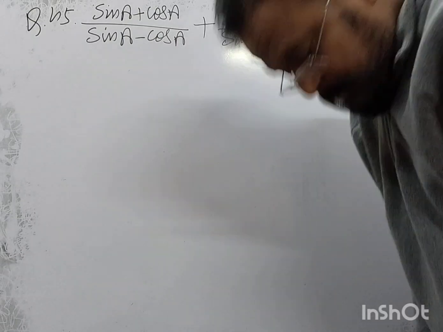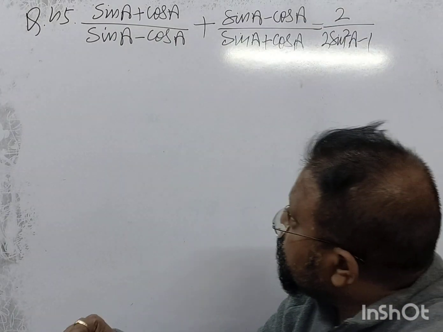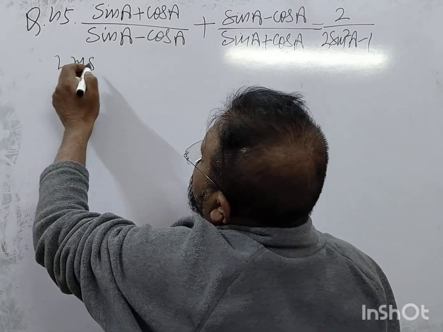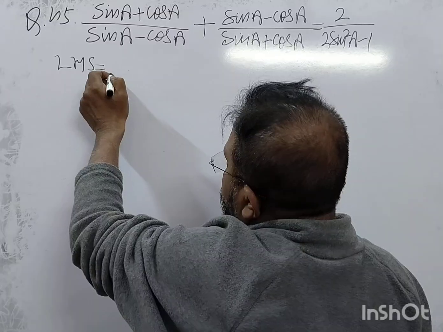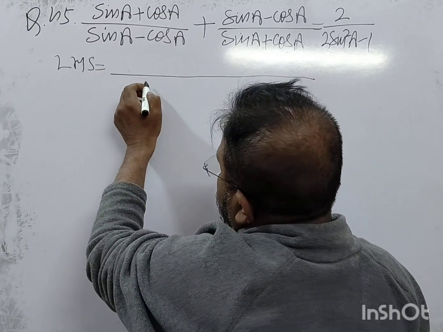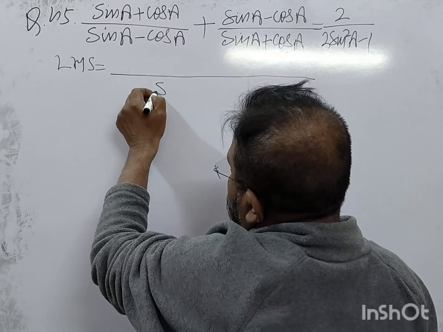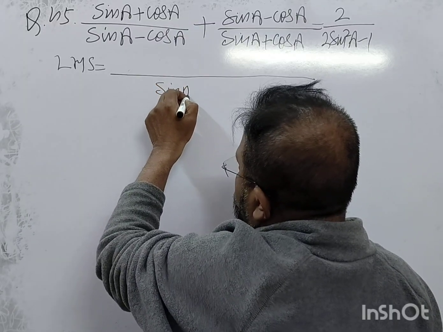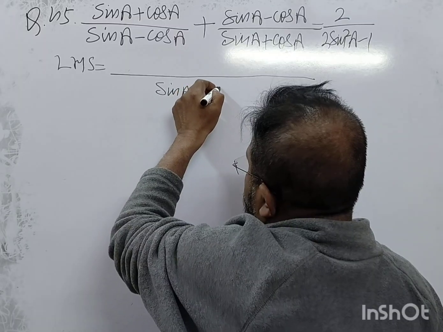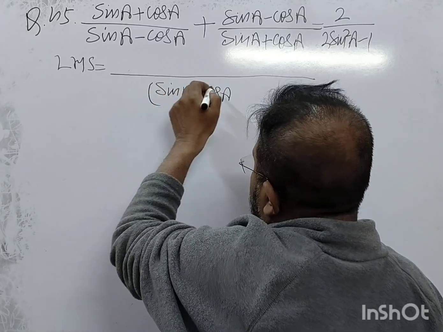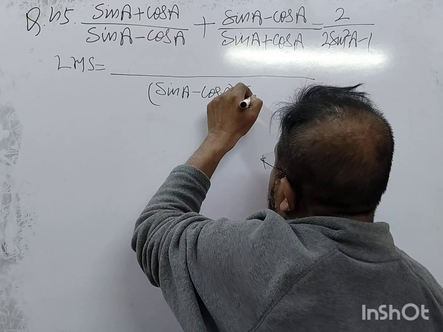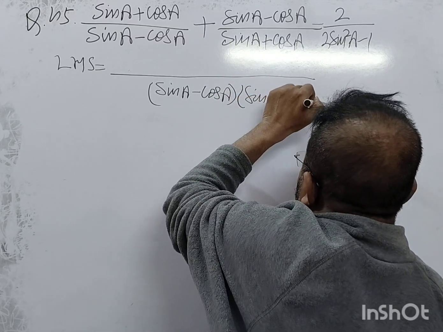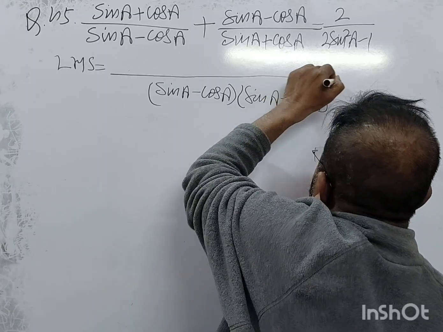This is okay. So we take here LHS, right? So what we do in here, we take sin A minus cos A bracket sin A plus cos A, right?